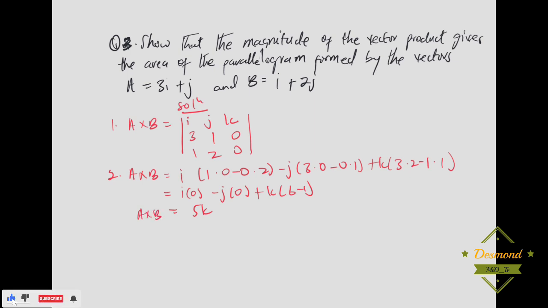Now, when you are done with it, the next step is to calculate the magnitude of A times B. So the magnitude of A times B is the square root of 0 squared plus 0 squared plus 5 squared.